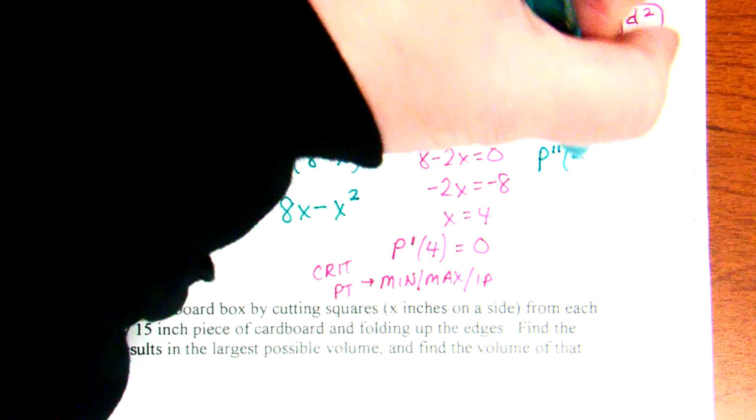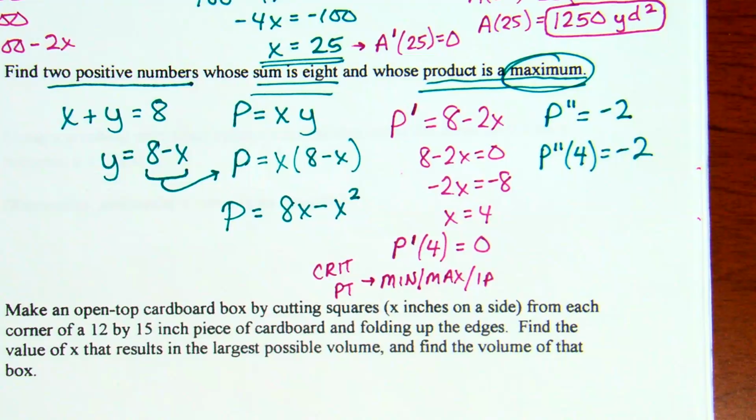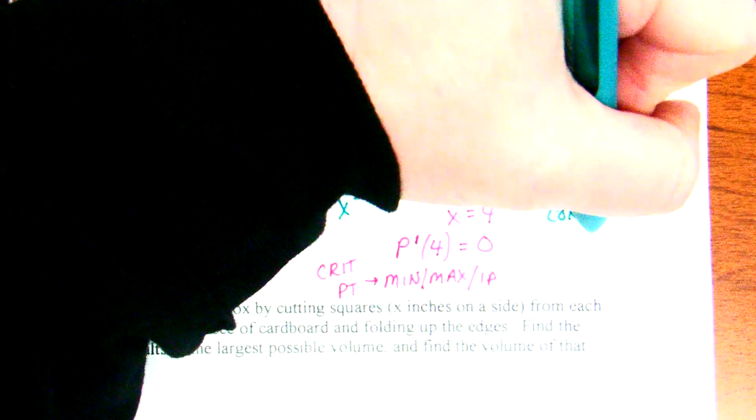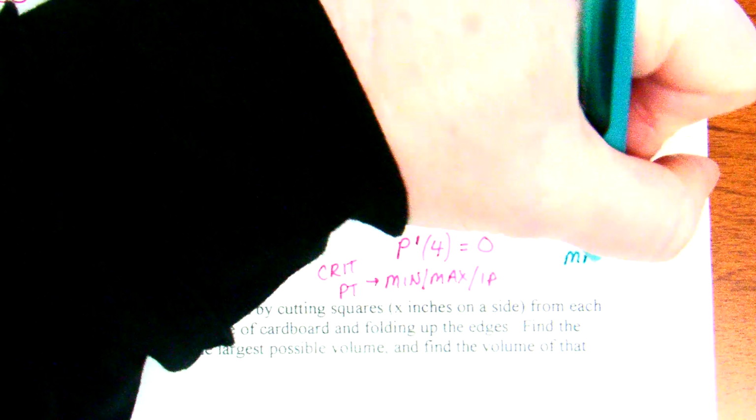And what's important to notice about that second derivative? It's negative. And because it's negative, that means that we are talking concave down. When a graph is concave down, it creates a local maximum.